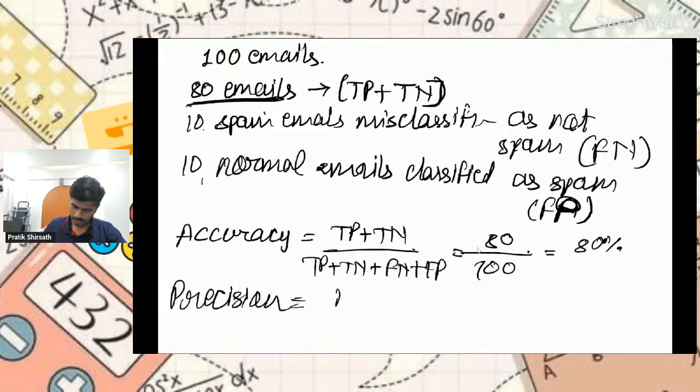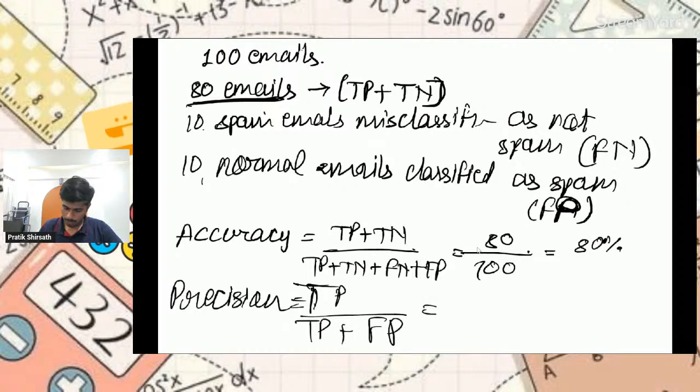Precision is TP upon TP plus FP. For here, let us take my TP as 45 and 35 as my TN.